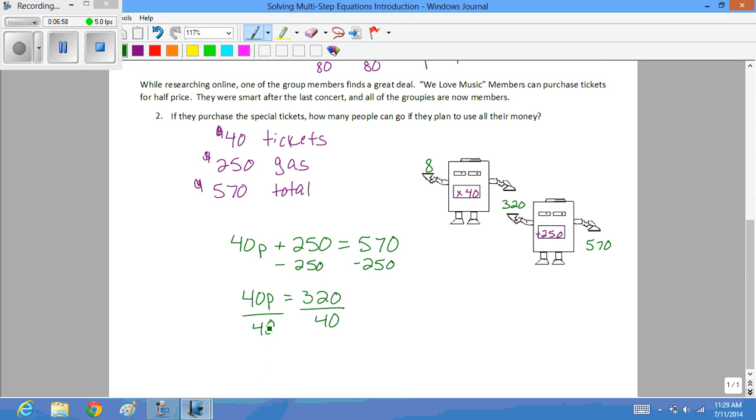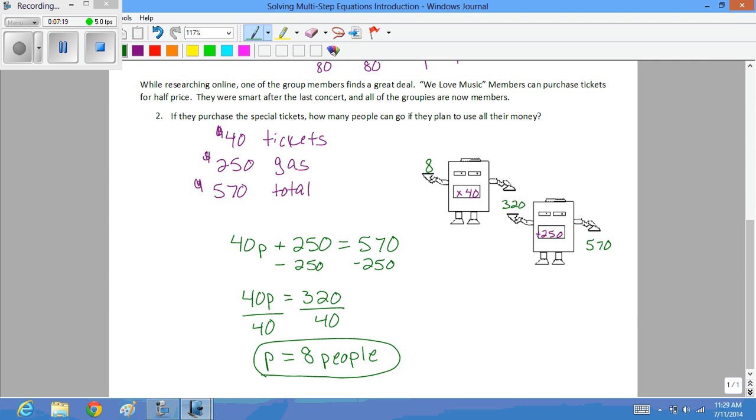These disappear and leave me with 1p, which gives me 8. So 8 people can go on our little trip. And that is our goal of this section, is to set up equations and to solve them by working backwards.